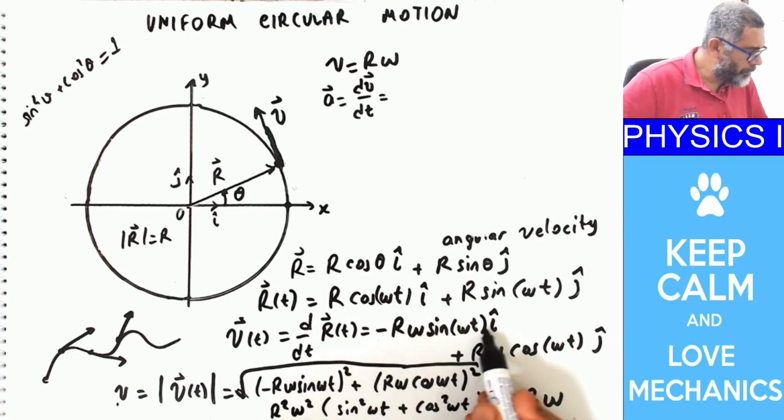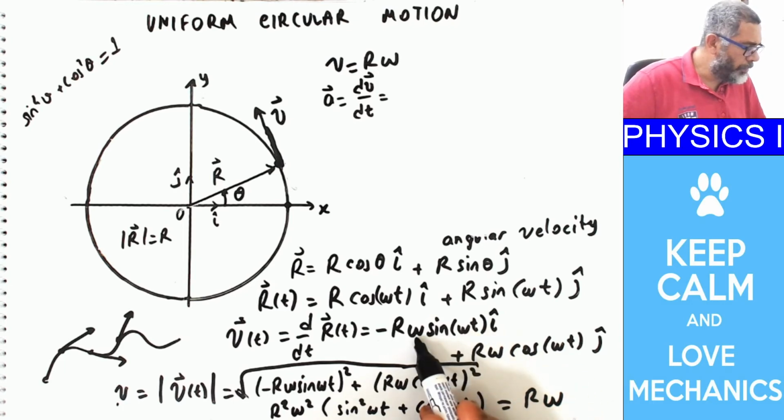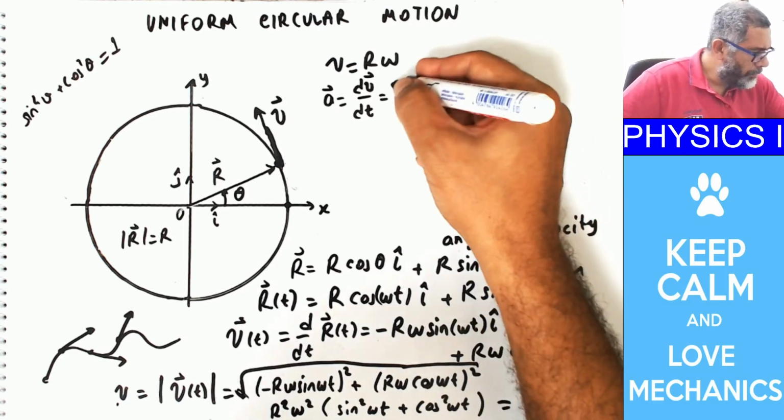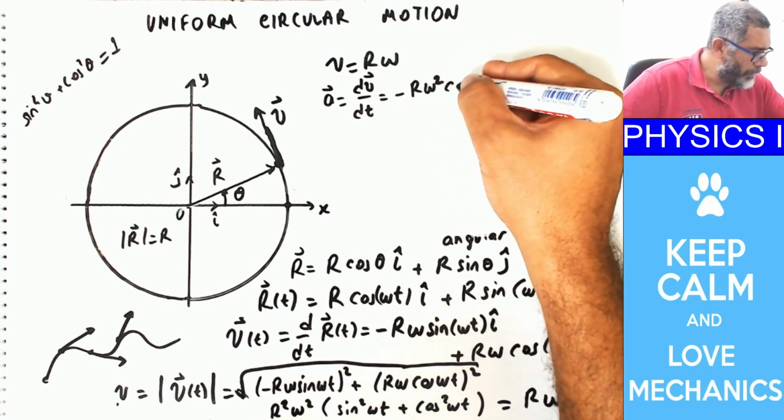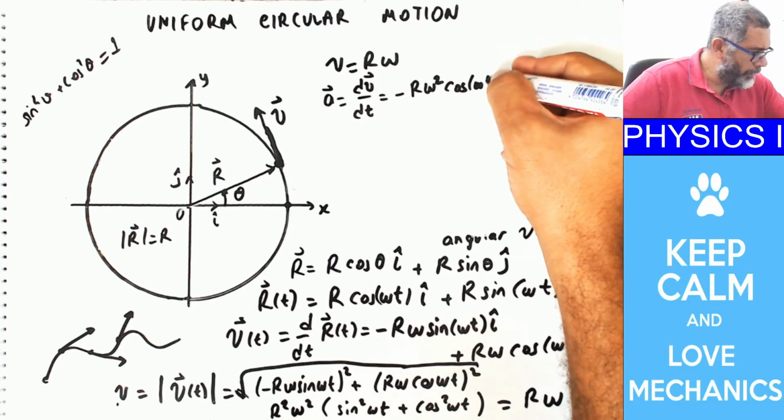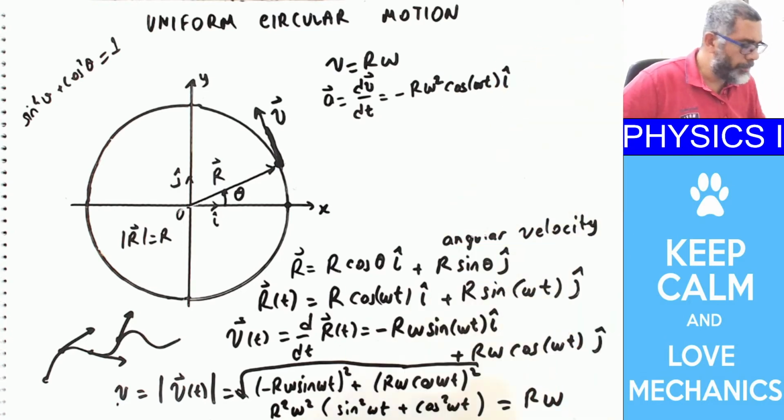These are constants, including the unit vector, but the derivative of sine omega t is omega times cosine omega t, and one more omega over here makes minus r omega squared cosine omega t i, the x component of the acceleration vector.